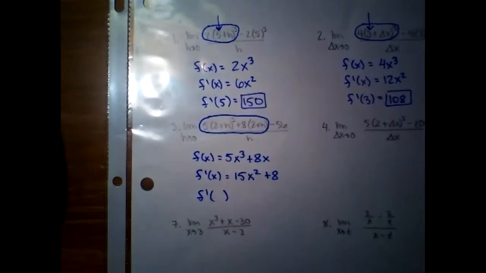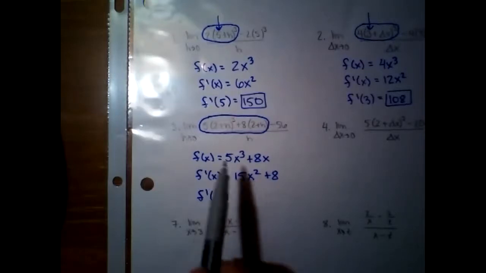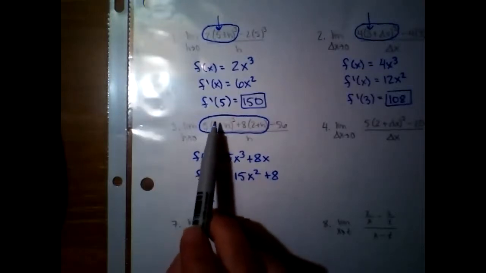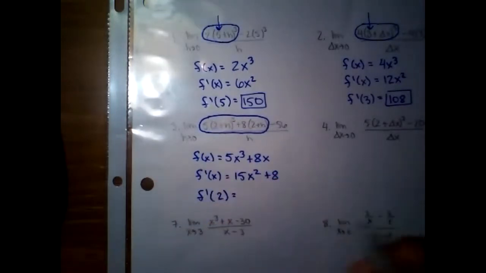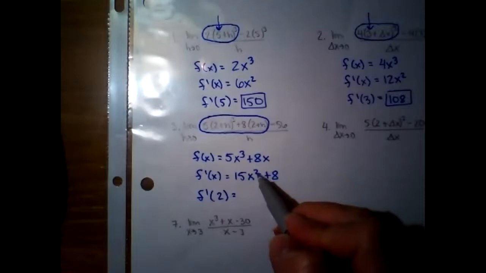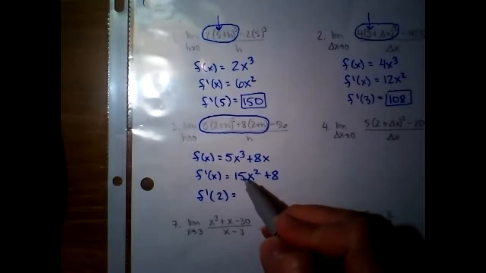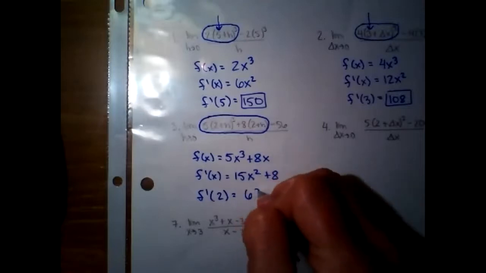What is the number that we want to plug into our derivative? 2. Nice, good. It is right there in the 2 plus h. So we're going to plug in 2. All right, so 2 squared is 4 times 15 would be 60, and then plus 8, so 68.